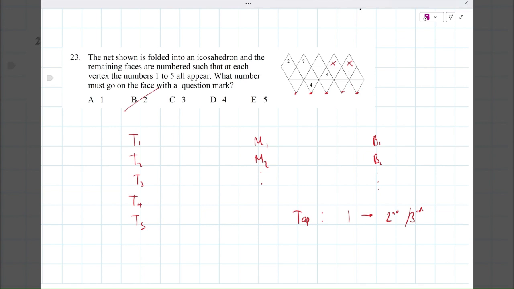So if you're thinking about where the 4 is at this vertex, it's going to be either here or here. So just slowly and carefully eliminate your options, but choose a method. Are you focused on vertices? Are you focused on triangles? Are you focused on numbers? Whatever it is, stick with it. Don't jump about all over the place, otherwise you'll miss the correct option.